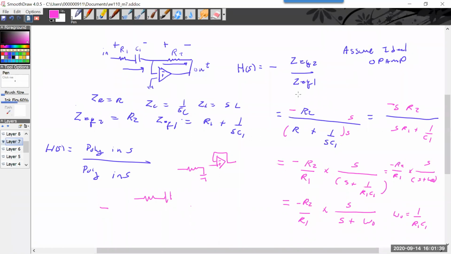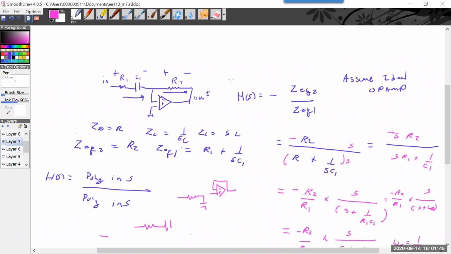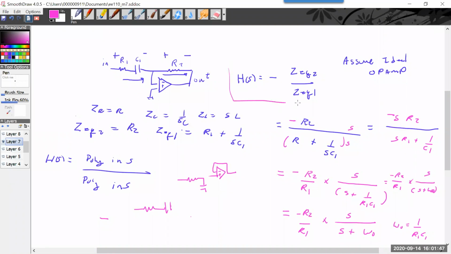Right. So for an inverting op amp, this is the equation.